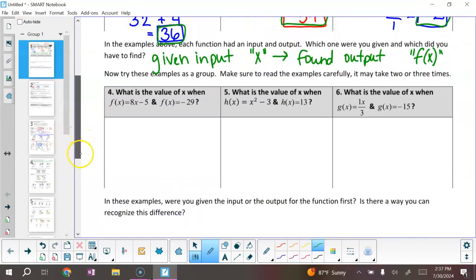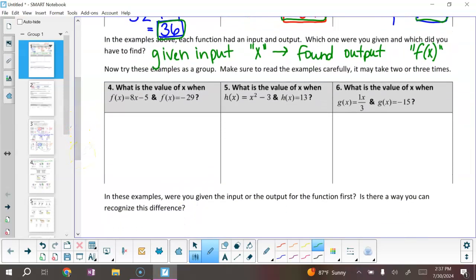All right, now, look at these next three here. They want us to try these examples as a group, okay? We want to make sure that we read them carefully. It might take you a couple times to figure it out, okay? So you really want to look at what they are providing us with. Look at the notation that they give you, okay? Because they're not just going to want us to do them all like we just did. We don't need to just plug and chug on all of these.